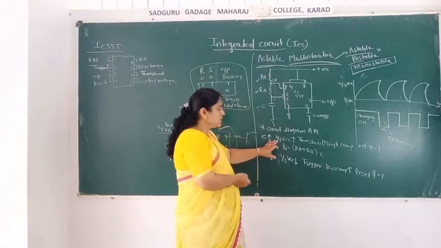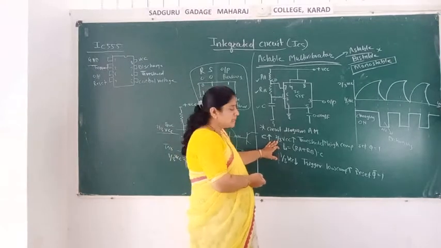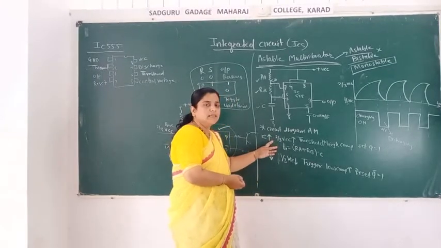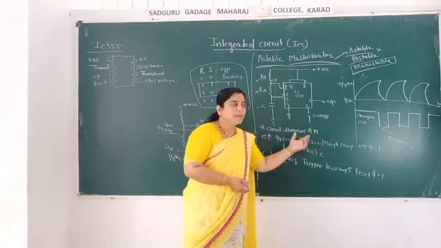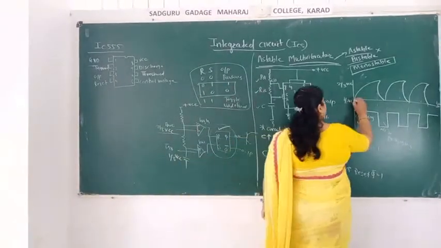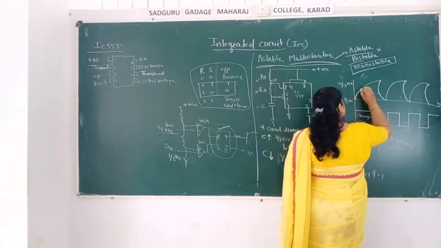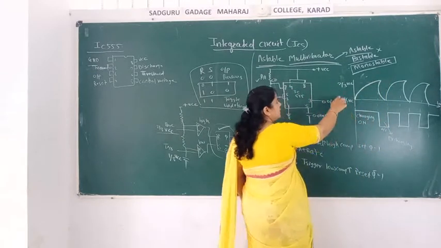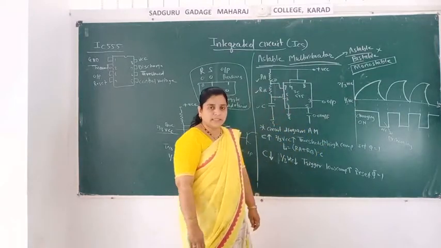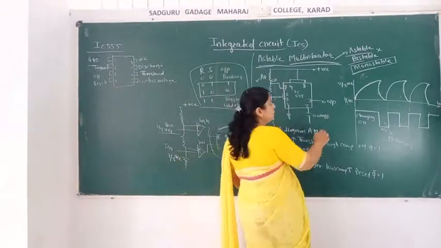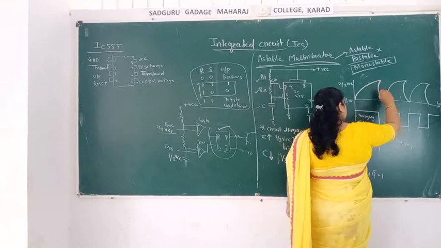Similarly, there are two conditions here. If the threshold voltage is greater than 2/3 of VCC, then the upper comparator will be high and it sets the flip-flop. At that time, the capacitor will be charged. When it is below 1/3 of VCC, it will start discharging.